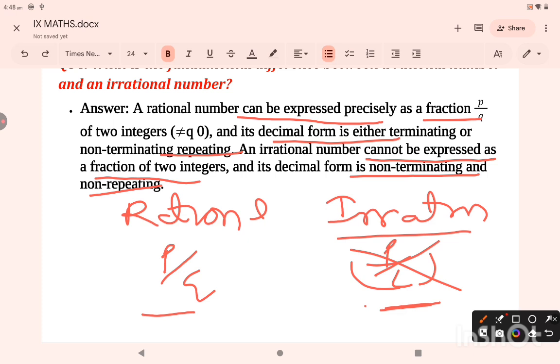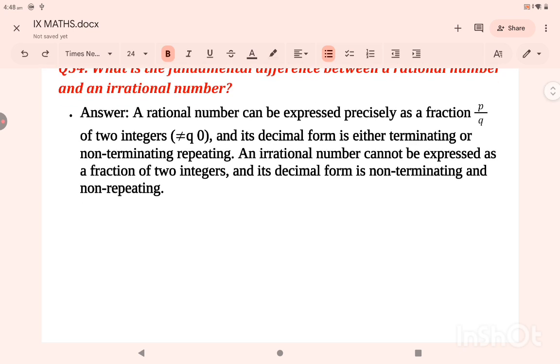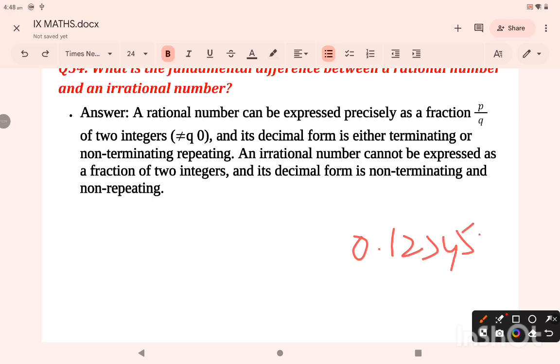The decimal expansion of every irrational is non-terminating, non-recurring. For example, 0.1234507 and so on. This is non-terminating, non-recurring. This is an irrational number.